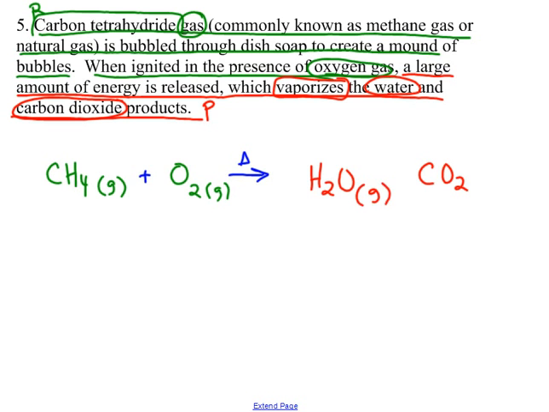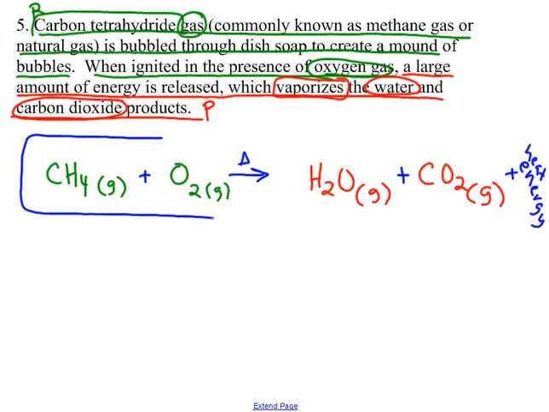So we are going to put them both as gases. I'm going to indicate a plus sign between those two products to show that those are two separate products. And lastly, I need to probably indicate that a fair amount of energy was released. So again, I'm running out of room, so I'm just going to put plus energy over here as heat energy is released. Okay. So there it is, skeletal reactions.